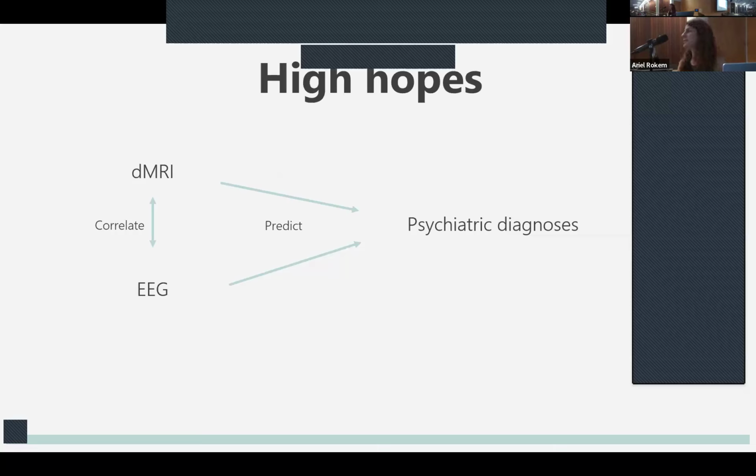So the original goal was to take diffusion MRI data and EEG, correlate them, and predict the psychiatric diagnosis with that. However, it takes about a week to get the psychiatric diagnosis data, and I didn't have any time for the EEG.